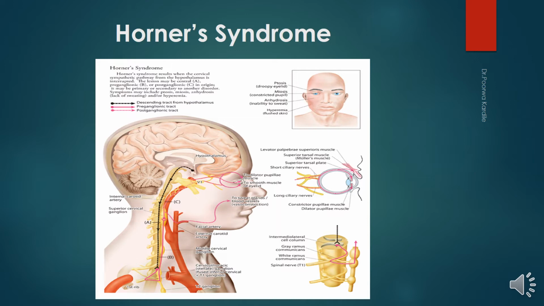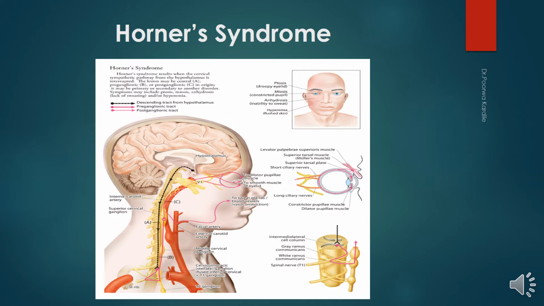Miosis means constricted pupils. Then the third sign is due to palsy of the orbitalis muscle, which helps to maintain the normal position of the eyeball in the orbit. So there is enophthalmos or sunken eyeball. Due to involvement of sympathetic innervation of sweat glands, there is loss of sweating or anhidrosis, and loss of ciliospinal reflex.